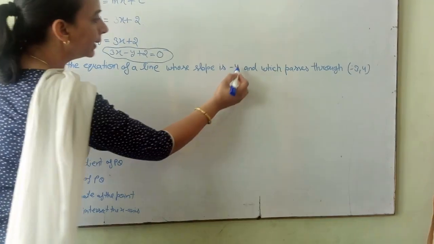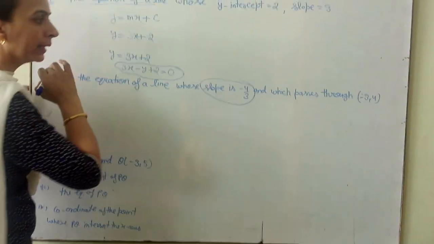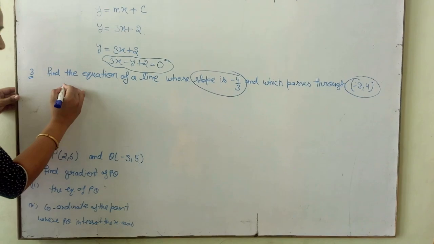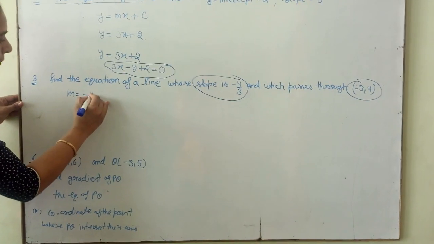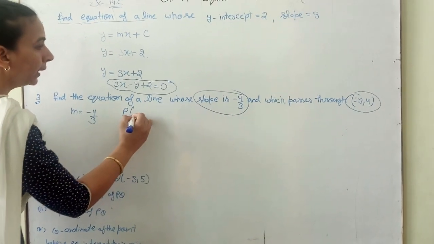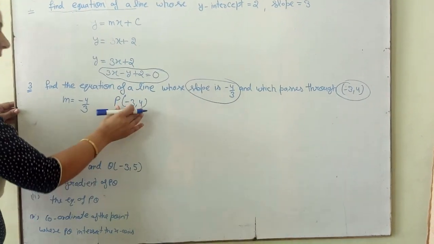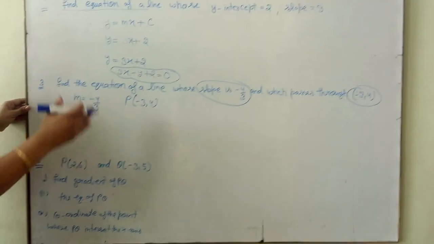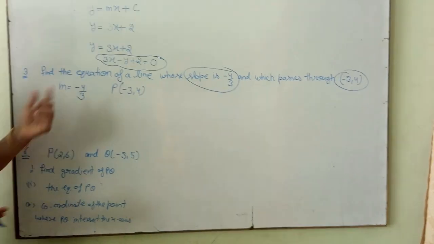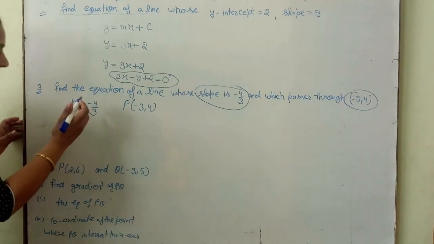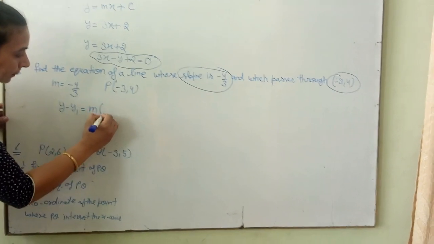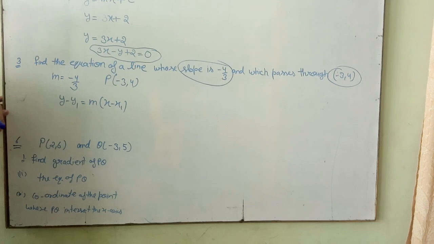Students, the slope is given, m equal to minus 4 by 3, and the line passes through a point, let the point be P (minus 3, 4). When the passing point and slope are given, then we use the point slope form.